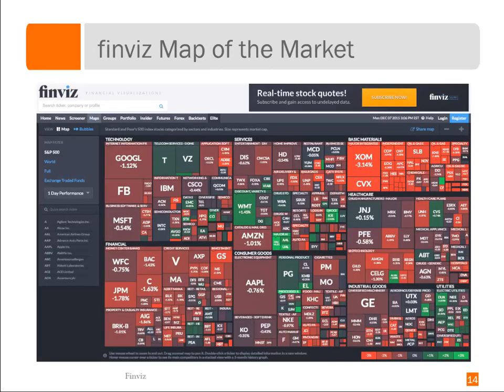Now, the latest incarnation of using the tree map for financial visualization is the FinViz map of the market. And this particular website, FinViz, has taken this concept to pretty much an exceptional place where it's highly useful for both U.S. as well as global markets.